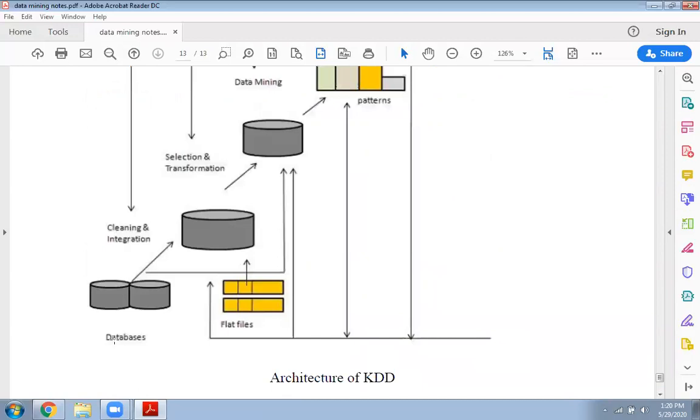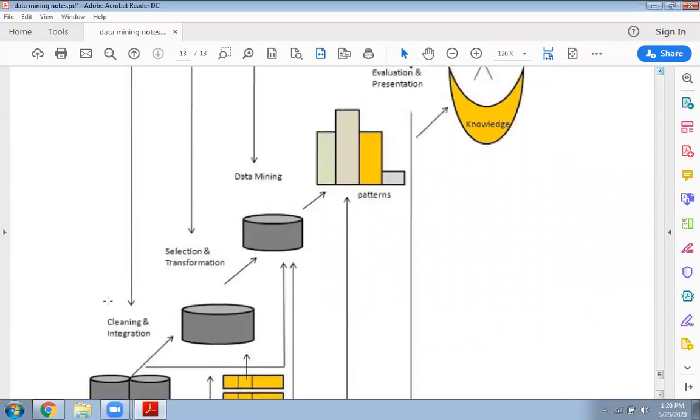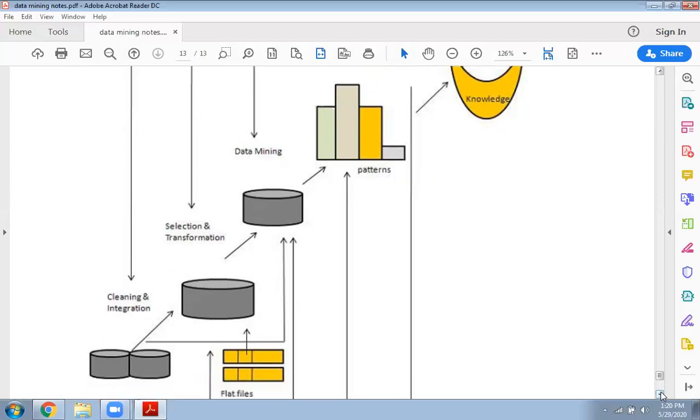We have the databases, we clean it, we select it, we data mine it, and we then go for pattern evaluation. We collect the patterns, and we produce knowledge. So this is knowledge discovery in databases, also known as KDD.